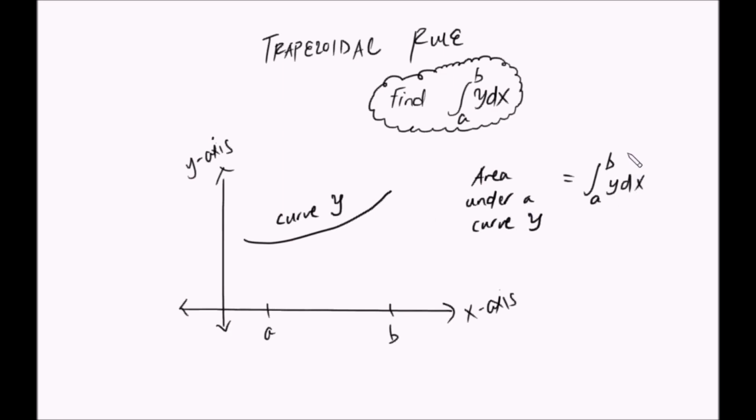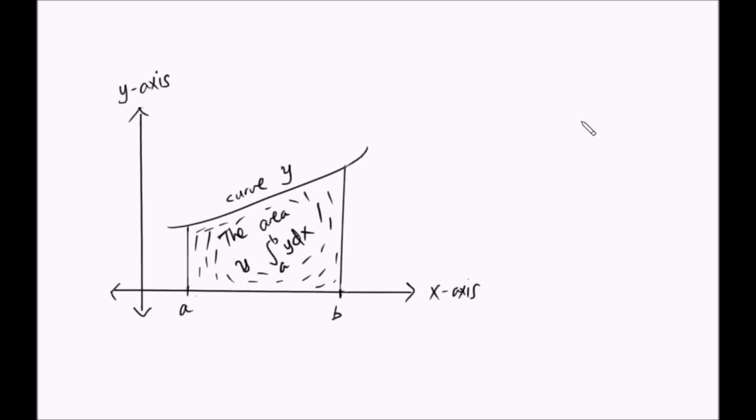So ili kutafuta hii integral, I just find the area under this curve y from x equals to a to x equals to b, like this. So if I find the area humu ndani, this area will give me hii integral.